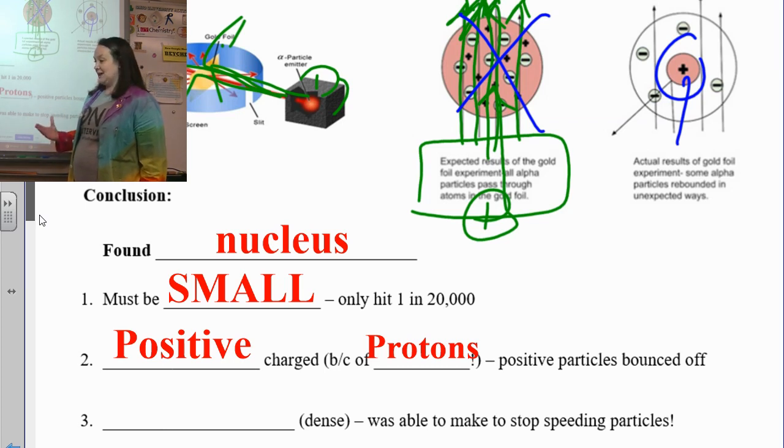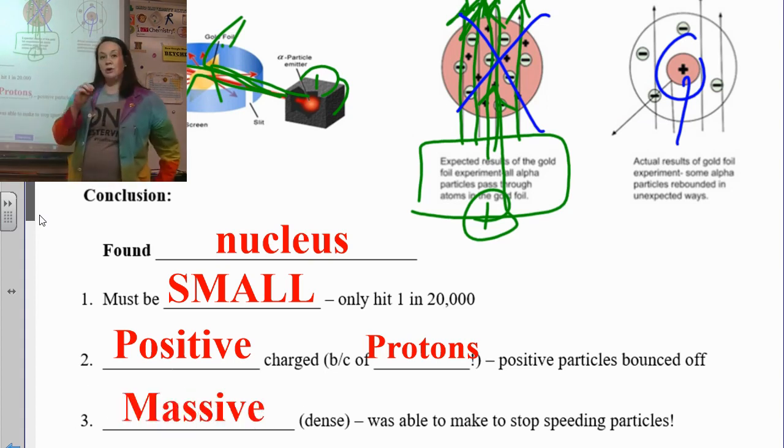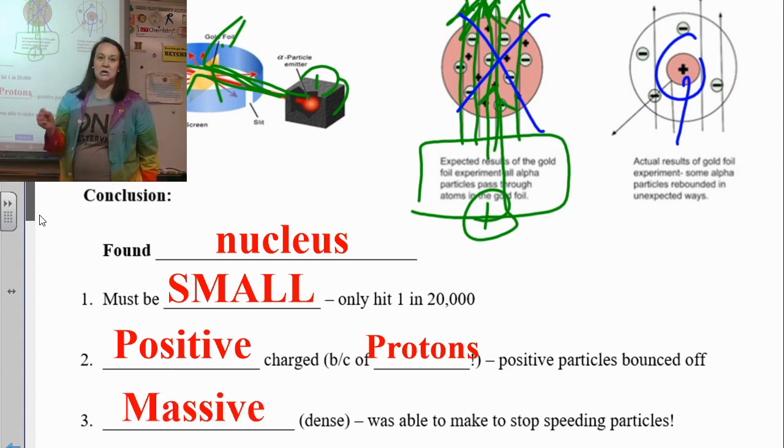The last thing is that it basically stopped a speeding bullet. If you hit it head on, boom. That means it must be massive. Don't confuse massive with large. It's very small in size, but has a ton of mass.